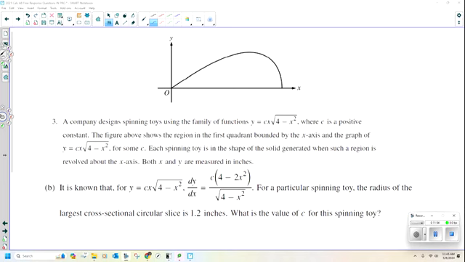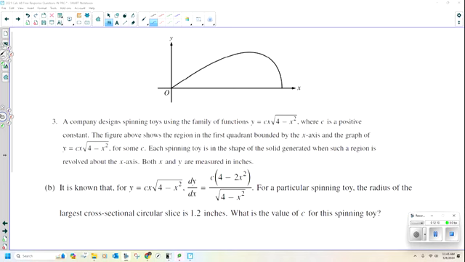For a particular toy spinning, the radius of the largest cross-section, circular slice, is 1.2 inches. What is the value of c for the spinning toy?